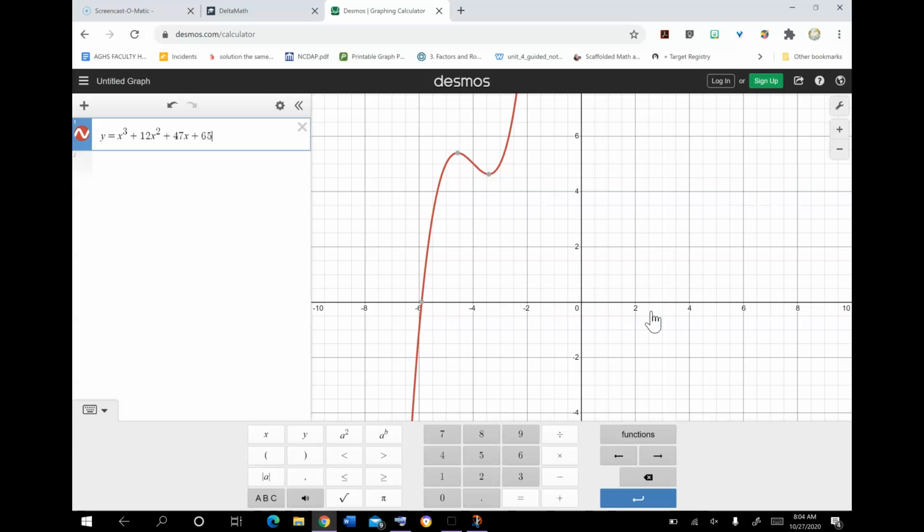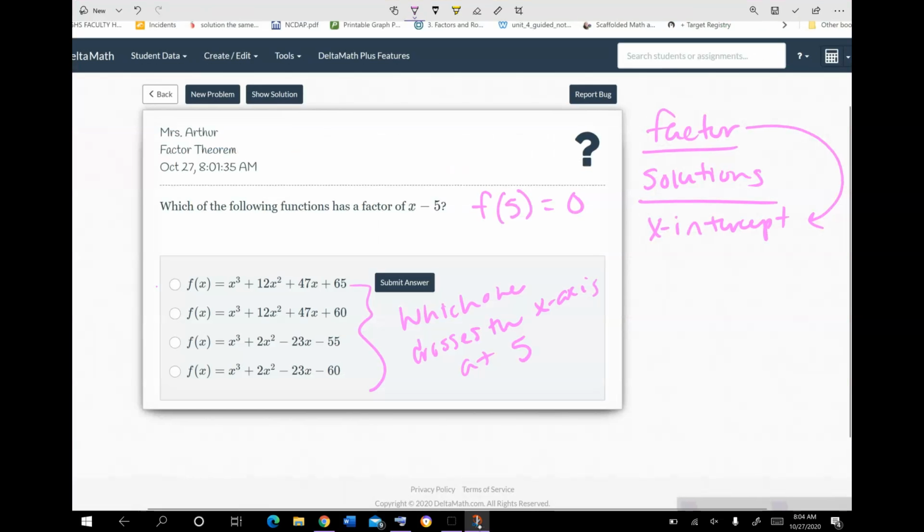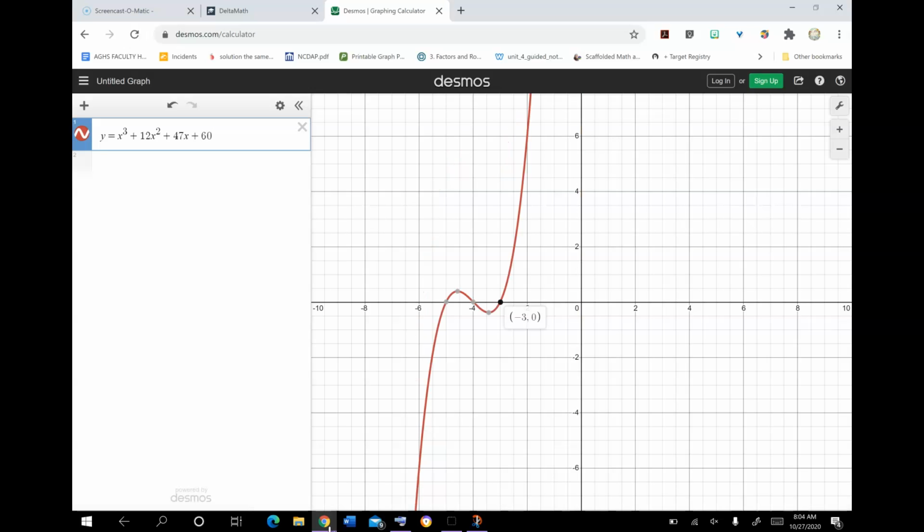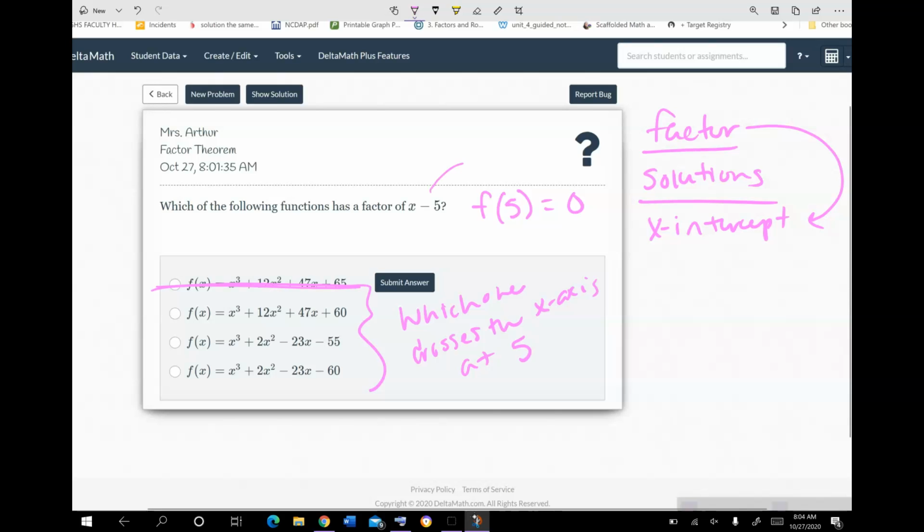Well, this one does not cross at positive 5, so I can come back here and mark that one out. The next one just changes it to a plus 60. That one does not cross at positive 5 either. It's going to trick you because you have to change the sign. Remember, we changed the sign. So number 2 is not it either.